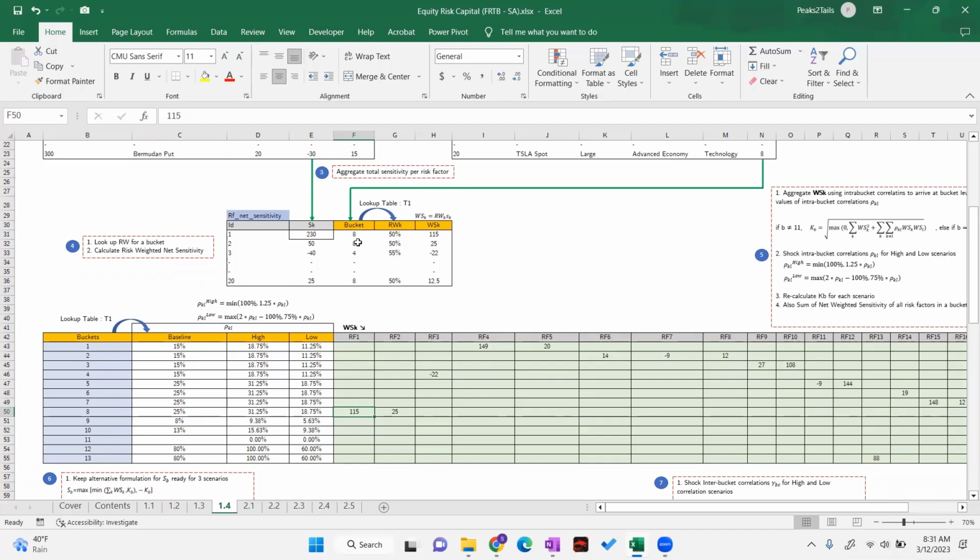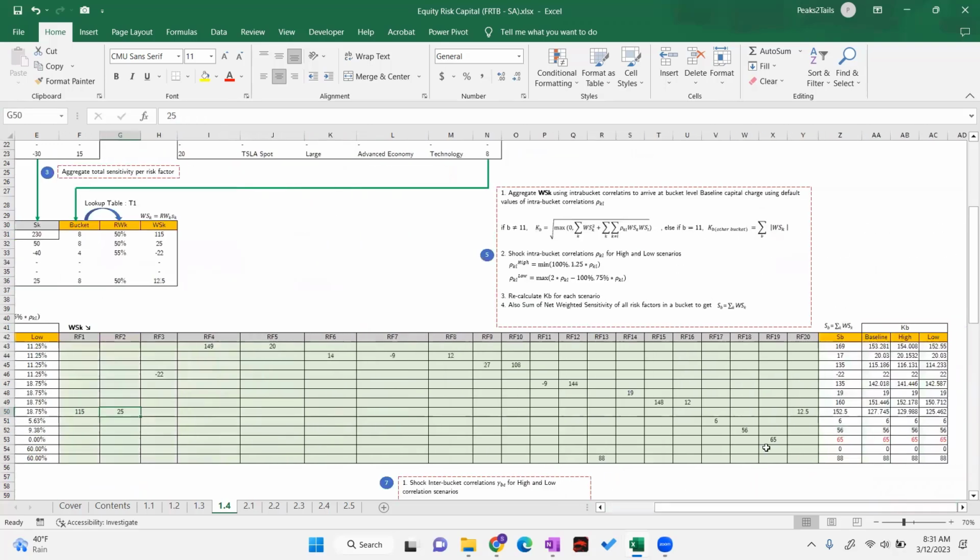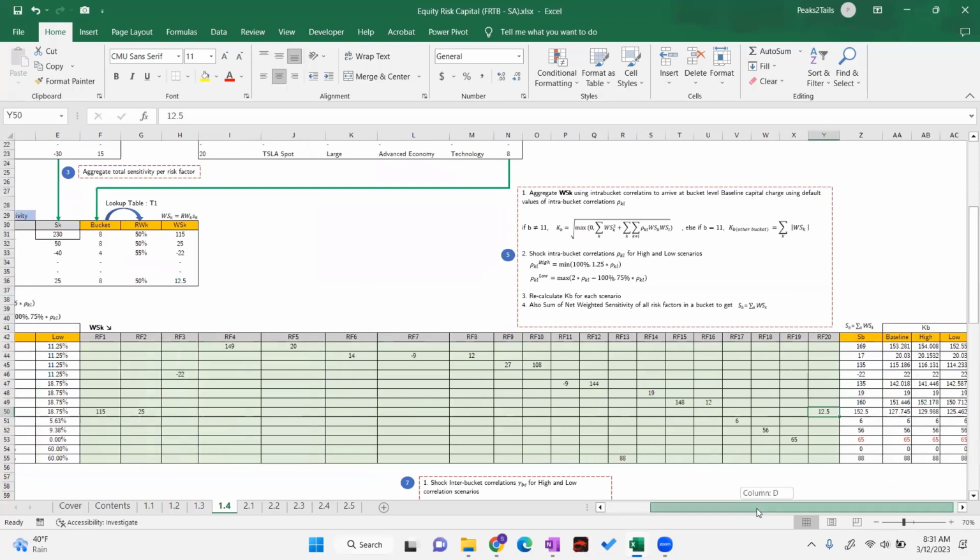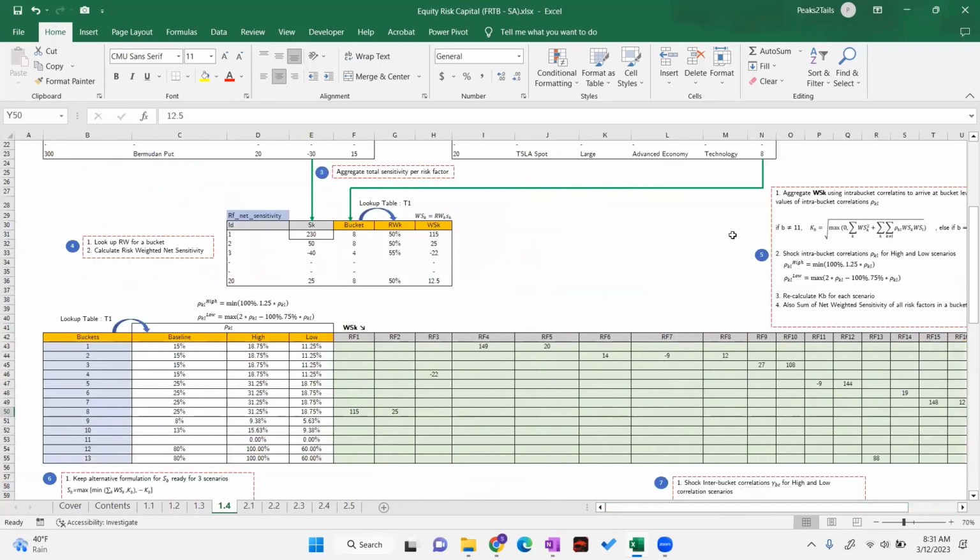Within bucket 8, let's say we have these three entries only: 115, 25, and 12.5. All right. So this is the table.